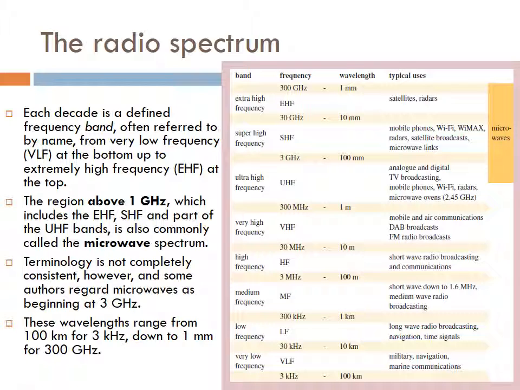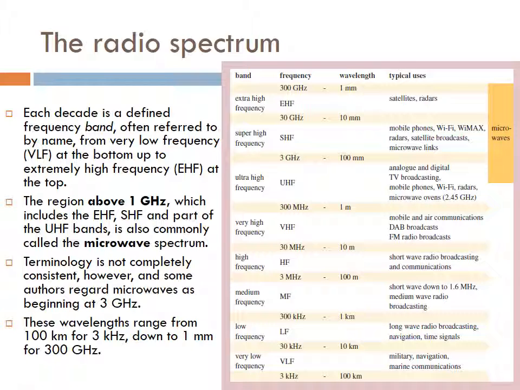And then we have very high frequency VHF, which ranges from 30 megahertz to 300 megahertz, wavelength from 1 to 10 meters. And these waves are mainly used for mobile and air communications and for DAB broadcast and FM radio broadcast.